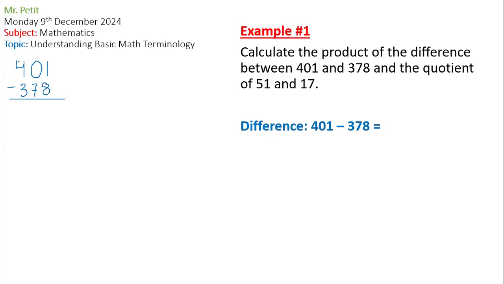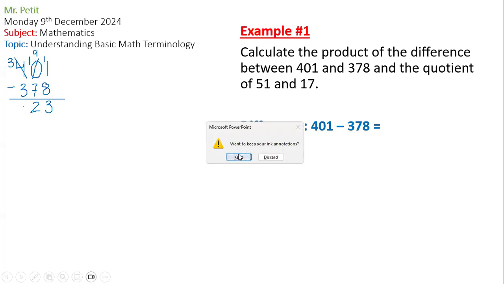Can't do that, right? So it's gonna be 10. Then it could be 9. Then you put 11. 11 minus 8 is what? 3. Very good. 9 minus 7 is 2. Very good. And 3 minus 3, well, that's 0. So the answer for the difference is gonna be what?